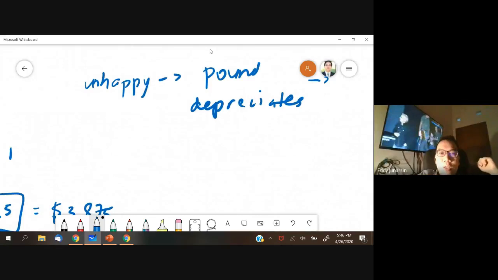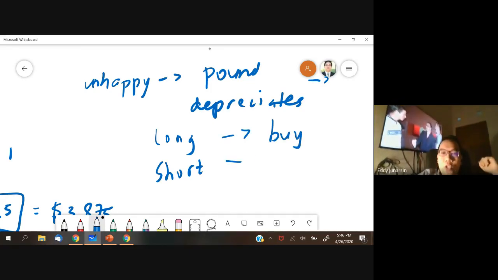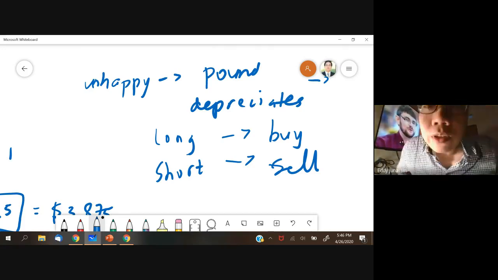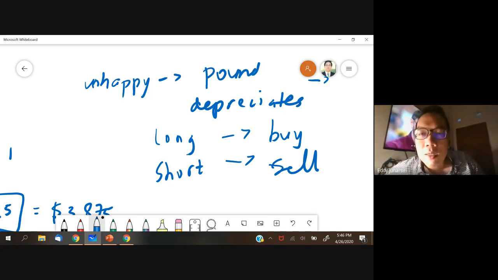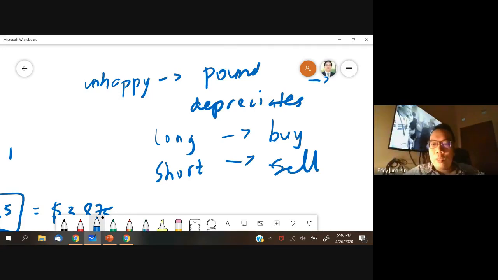Okay, so again in the forward and futures market, we have long and short position, right? Long means to buy, short means to sell. Okay, buy and sell, right? So it's very easy also to determine the position that you should take.